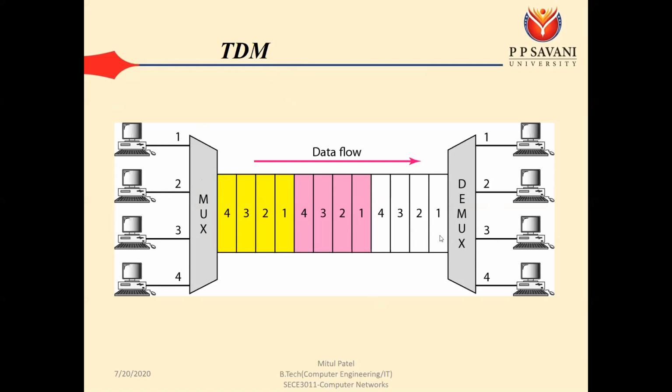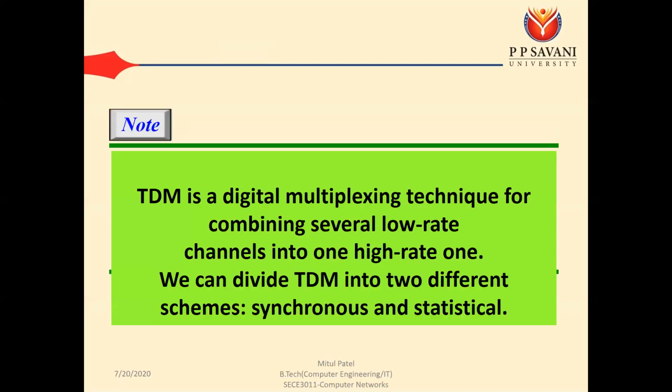Your link is divided into various time slots. Out of that, the first slot is given to the first user, the second to the second, the third to the third, the fourth to the fourth. Then after some time it starts again from the beginning, 1 2 3 4. Like that, 1 2 3 4. So this is known as the TDM, time division multiplexing. We will see one example, then your idea will be clear.